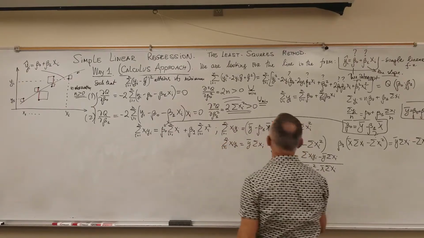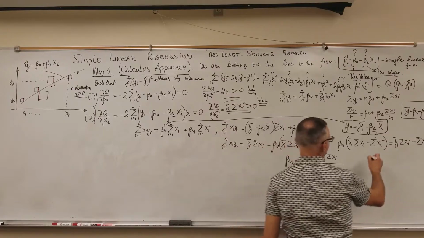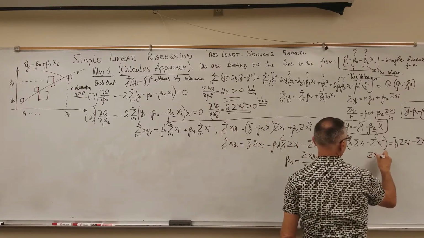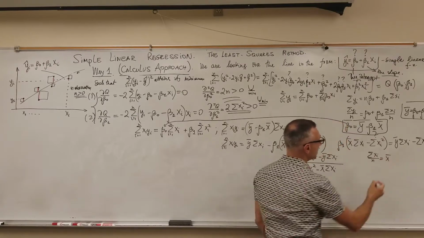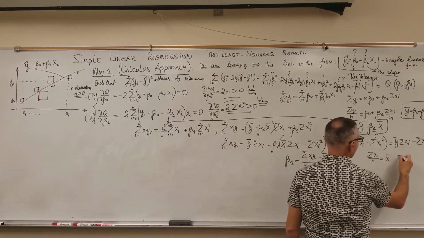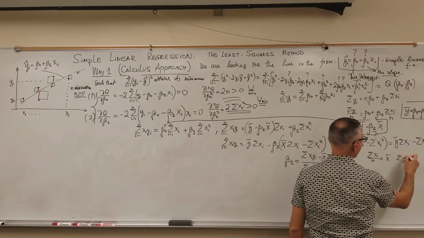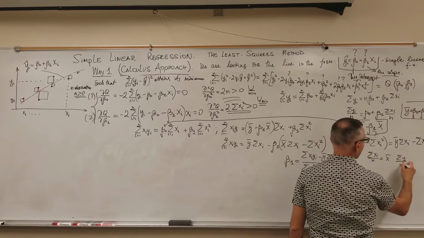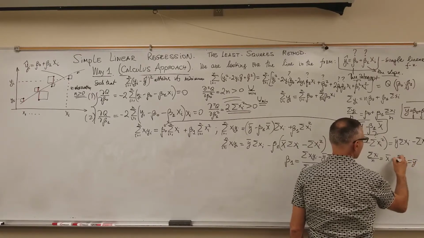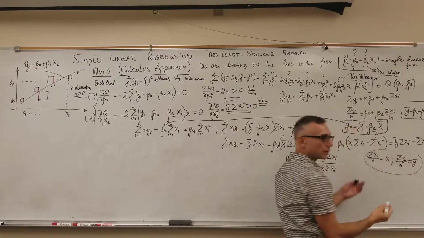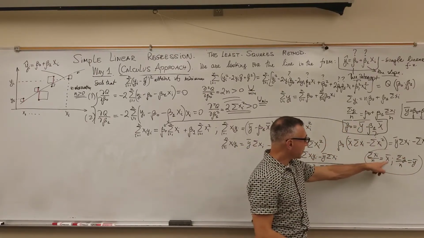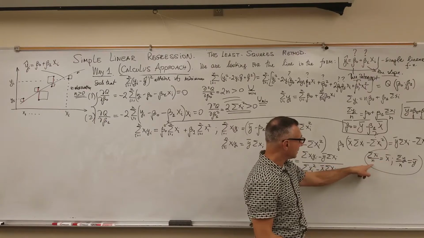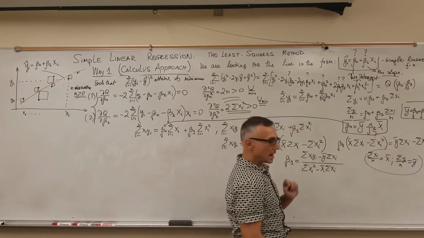As you remember, the sum of xi's over n is x bar. The sum of yi's over n is equal to y bar. So from here, the sum of xi is n times x bar.